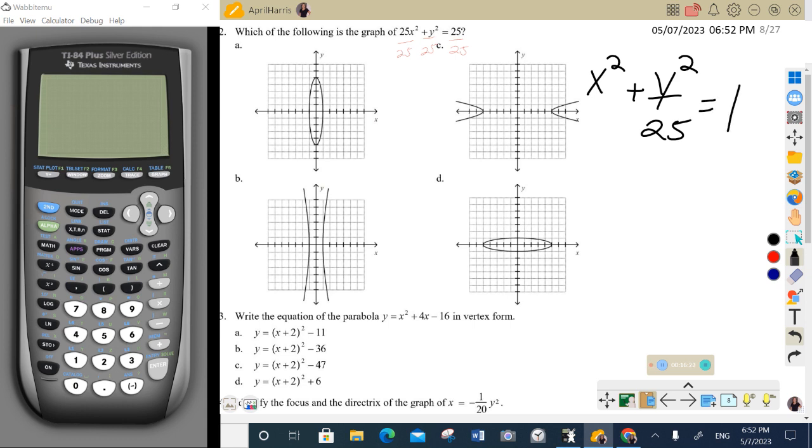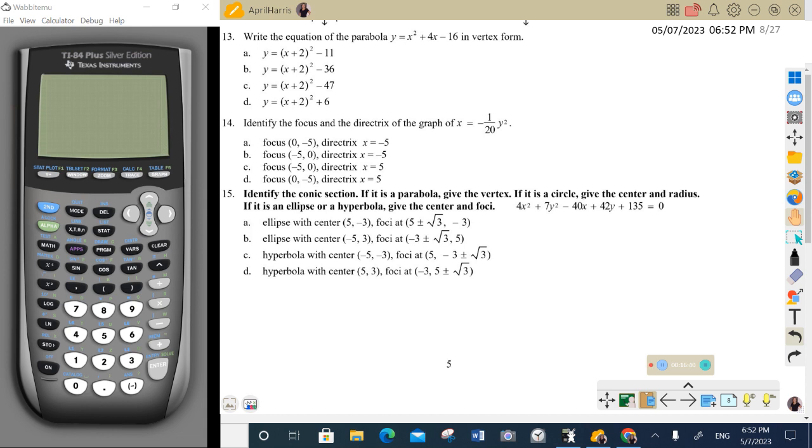So this is an ellipse. It's definitely not a hyperbola, so we can get rid of C and B. And the variable that has the biggest number underneath it is y, so it should be opening bigger in the y direction. So A is our answer.